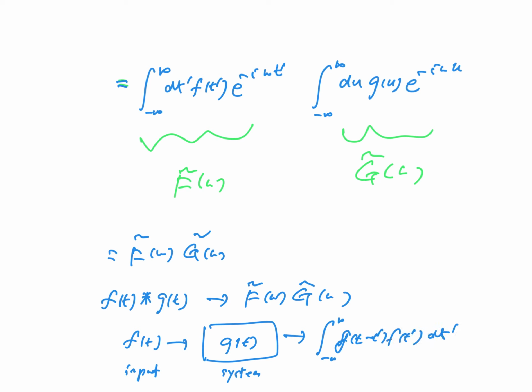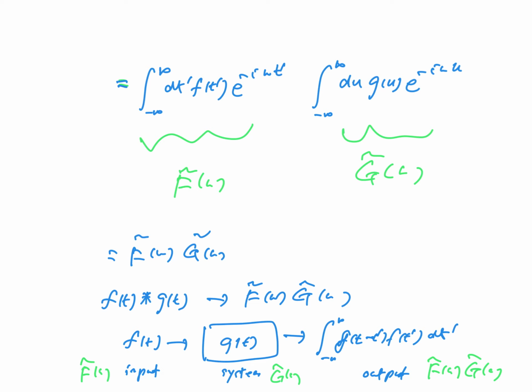This is the output. Then the output can be represented as follows. The Fourier transform of the input is f tilde omega. The Fourier transform of the system is g tilde omega. Then the output is simply f tilde omega times g tilde omega.